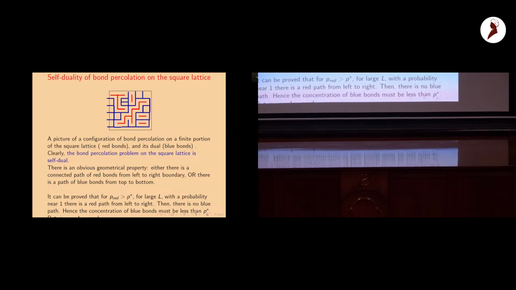If I didn't take a square lattice, I took some other lattice, then the dual lattice will not be the same. If I take the triangular lattice, the dual of these are these vertices.